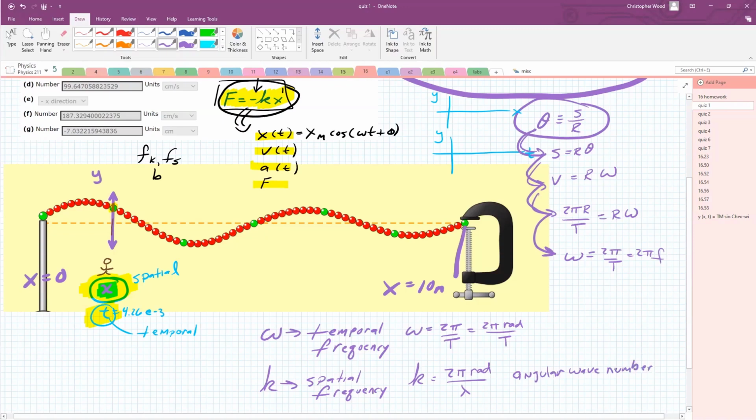Just say it out loud. Just remind yourself what this frequency is saying. k is basically some amount of angle per wavelength. Or you could say it's how many cycles you have per wave. k is angular wave number, and it's the number of cycles per wavelength versus the number of cycles per period.